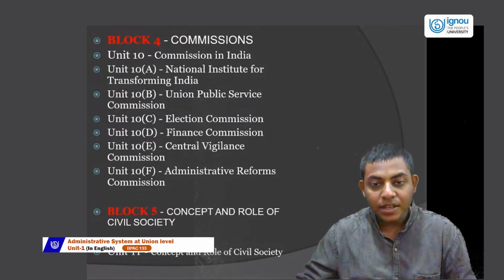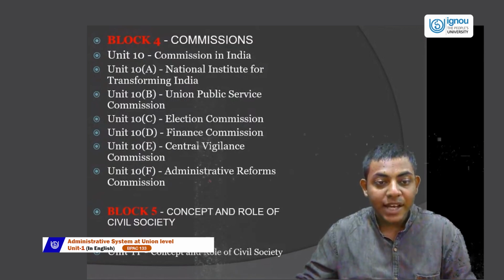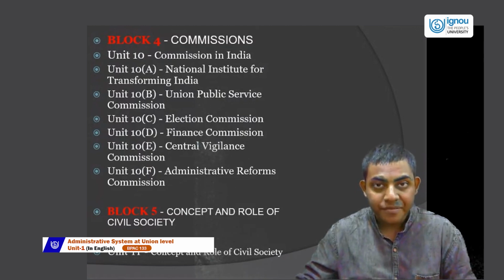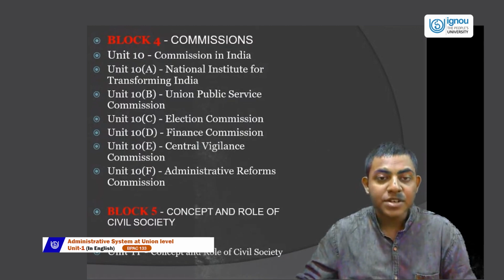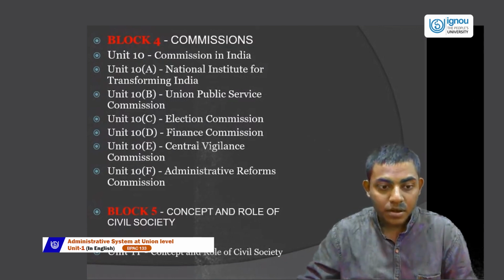Unit 10C is related to the Election Commission. Unit 10D is related to the Finance Commission. Unit 10E is related to the Central Vigilance Commission. And the final unit of Block 4, Unit 10F, is related to the Administrative Reforms Commission.